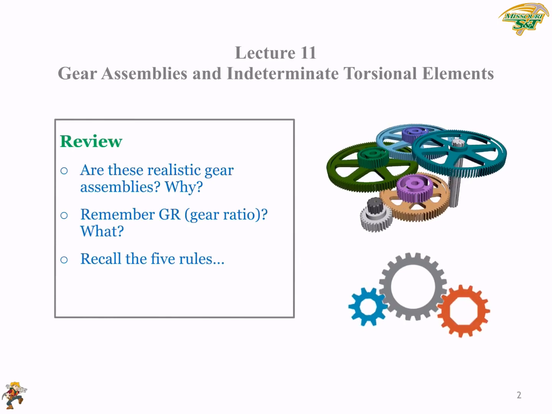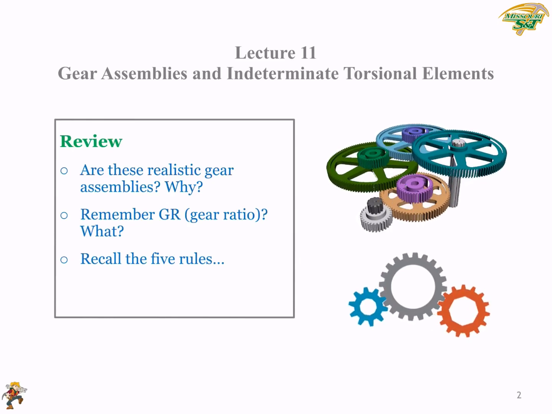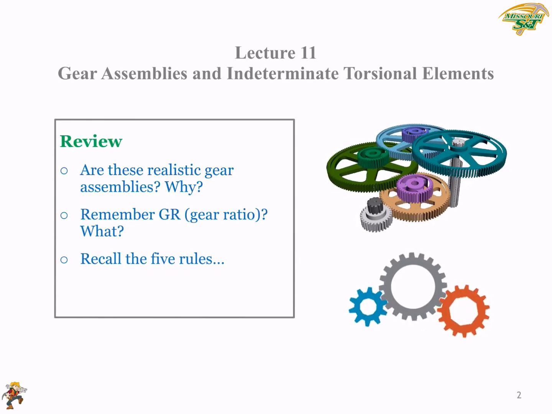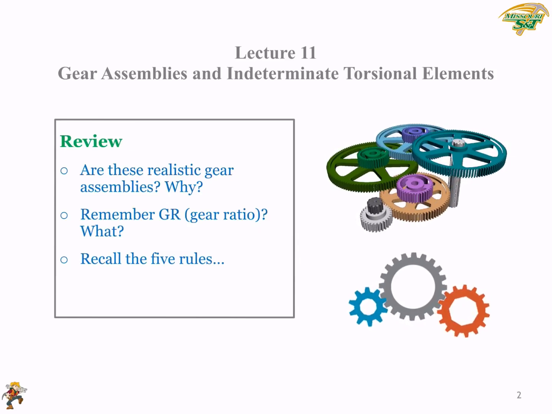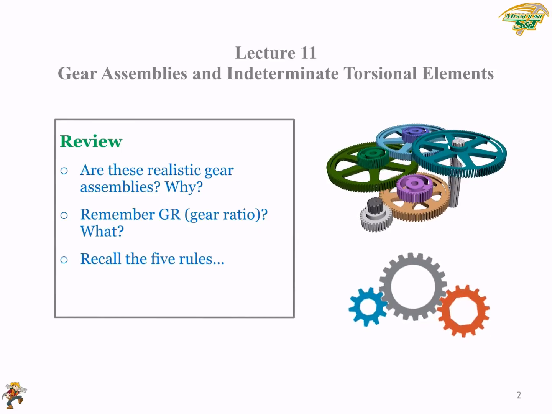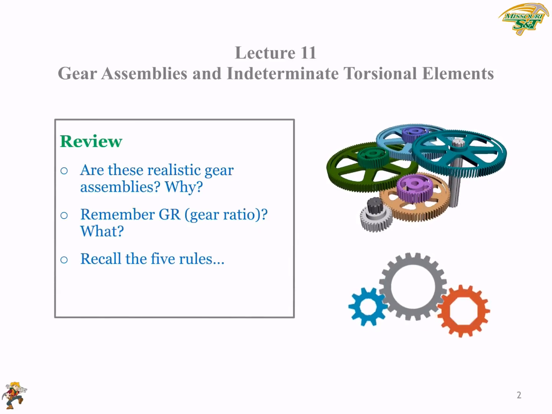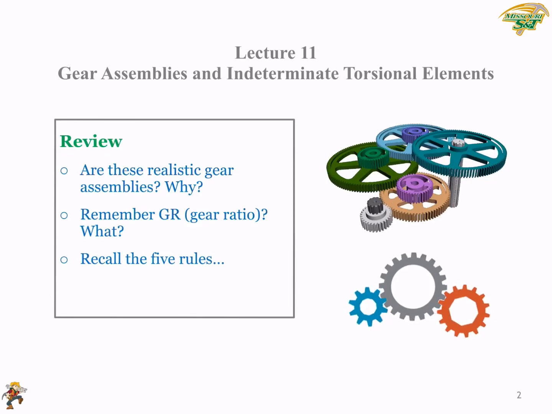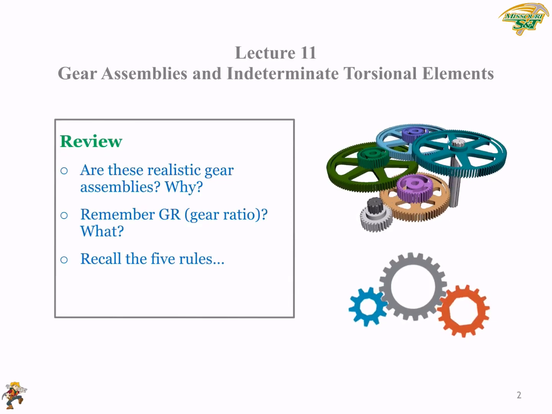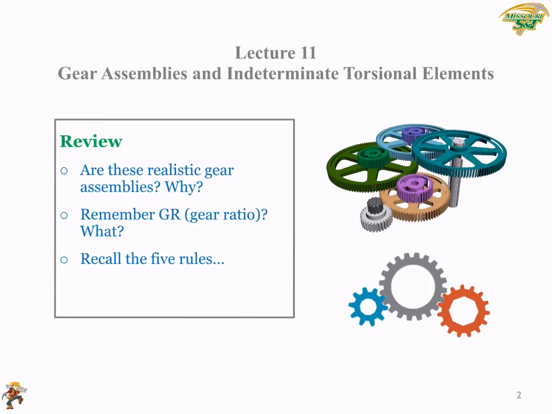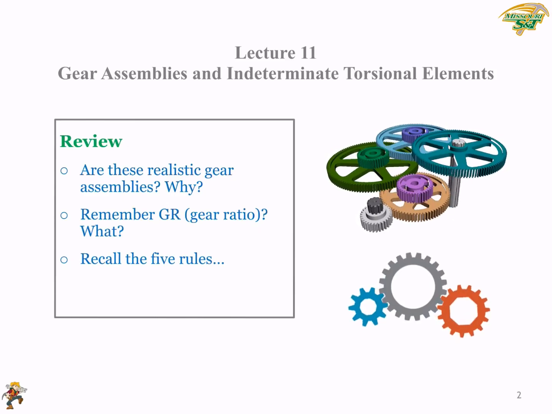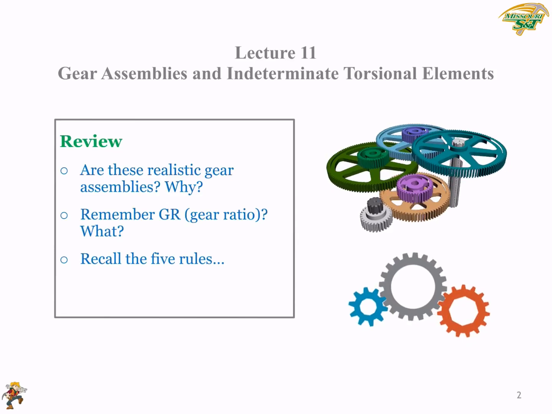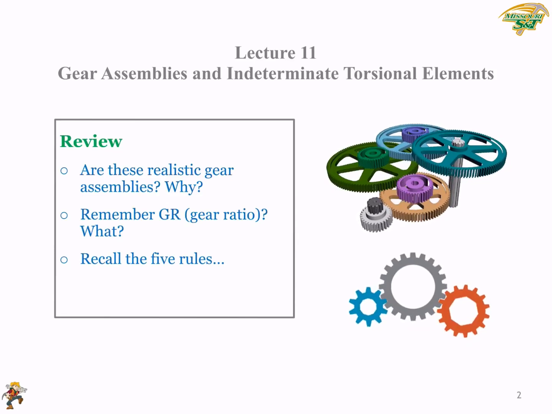So before we start the contents, as a routine, we will have a review. Last time, we talked about the 5 rules in gear assemblies, and we defined an important number called gear ratio. Please look at these two gear assemblies shown here, the first one and the second one.